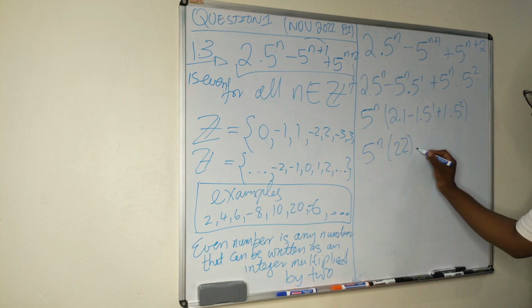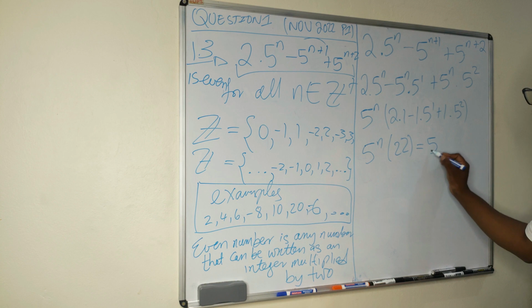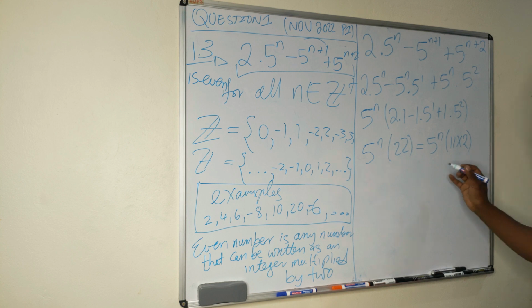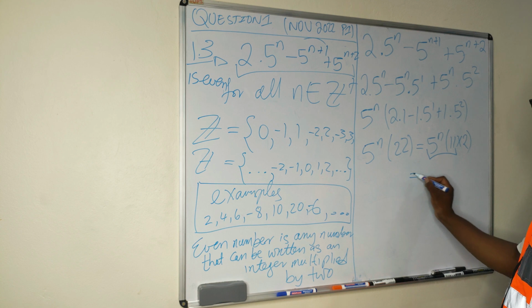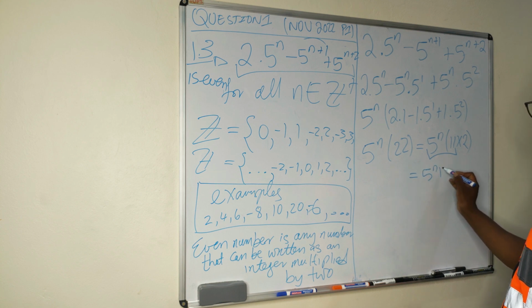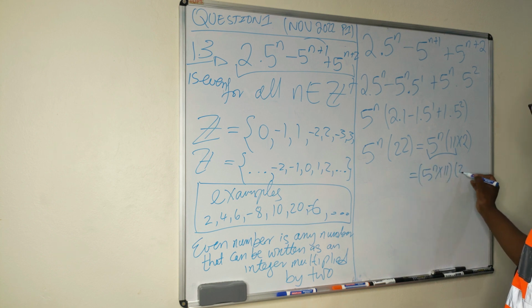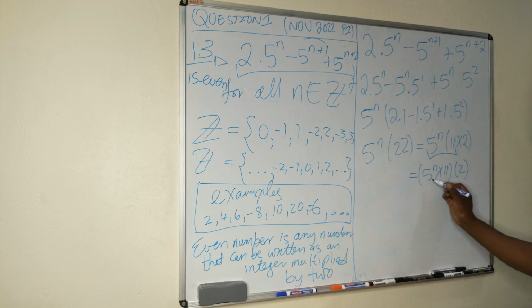So 22 is the same as 11 times 2, so this is 5 raised n times 11 times 2. You can group these two together and say this is 5 raised n times 11, right, times 2. You know that the product of real numbers is associative.